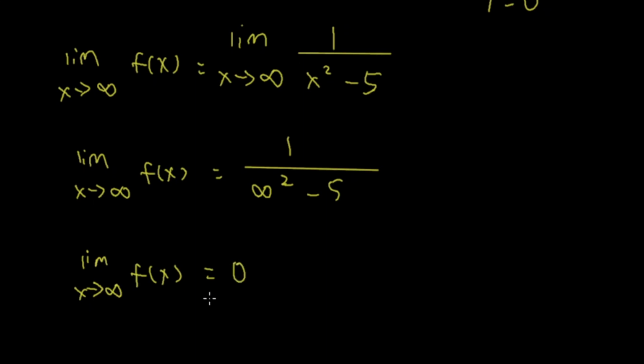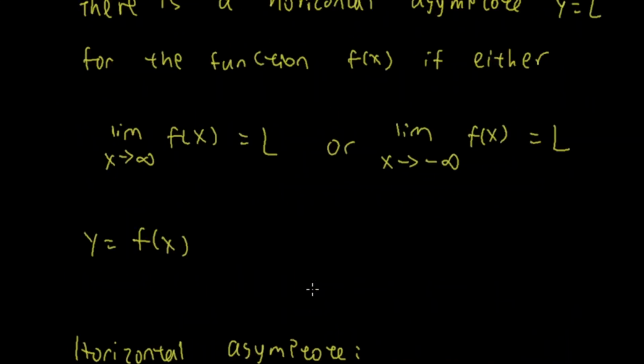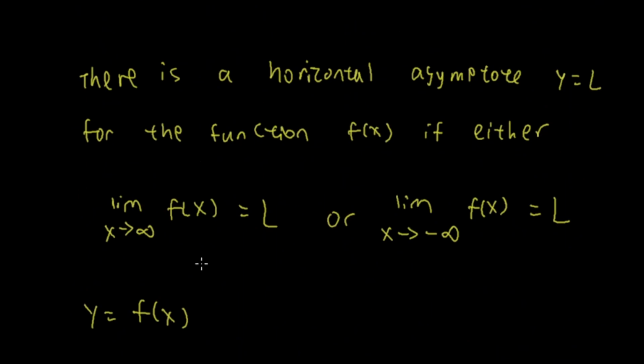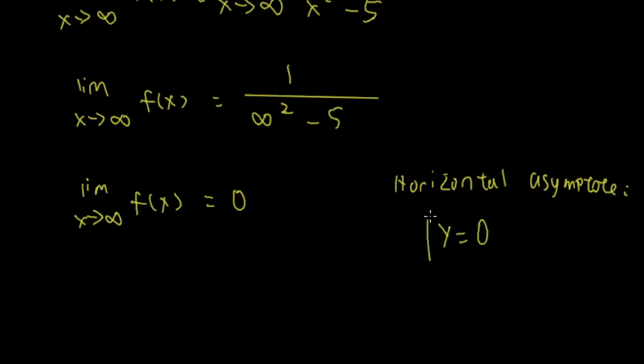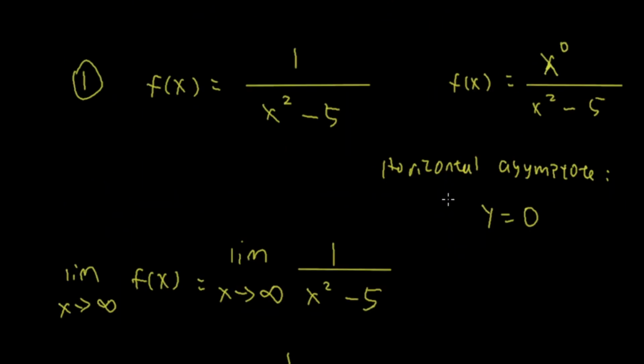This form is the same as this form here, which means L is equal to 0 in example 1. And that's the horizontal asymptote, y equals 0. That answer is the same as this answer here, so either way, I get the same answer.